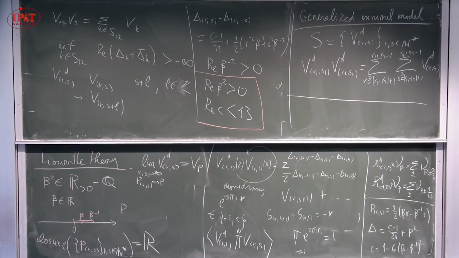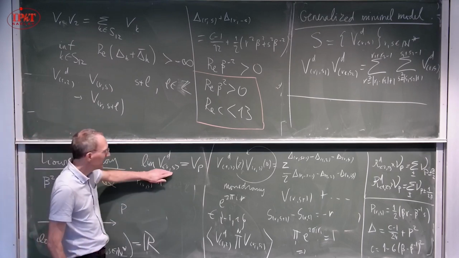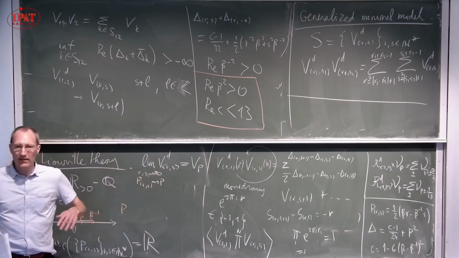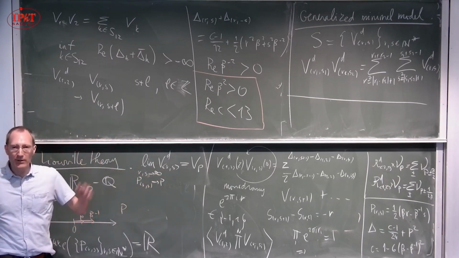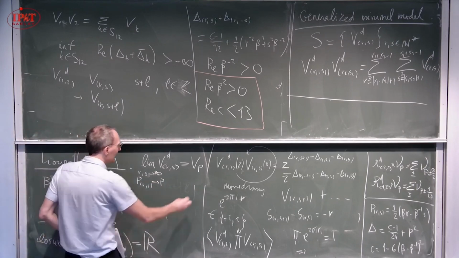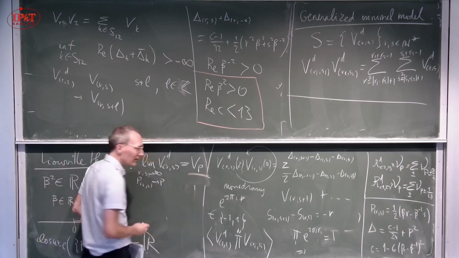So if I do that, the null vector, which is at level Rs, will go to level infinity, so basically it disappears. And I'm getting a diagonal field, which is no longer degenerate.